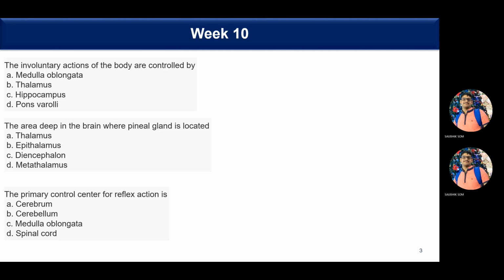We had this kind of neurons, where the sensory neurons come in and the motor neurons go out. We read this long back. The control center is the spinal cord. The correct answer is the spinal cord.